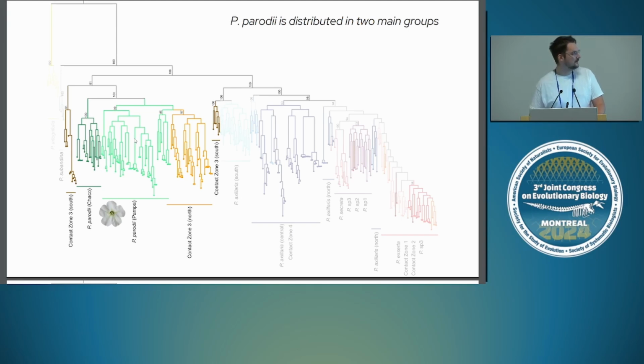But what is also interesting is that we have some contact zones between Petunia parodii and Petunia axillaris, the other white hawk moth pollinated species. Populations from these contact zones fall within either Petunia parodii or sometimes within Petunia axillaris, suggesting that these populations could be hybrids between these two different species.